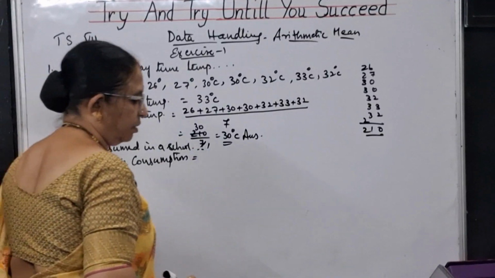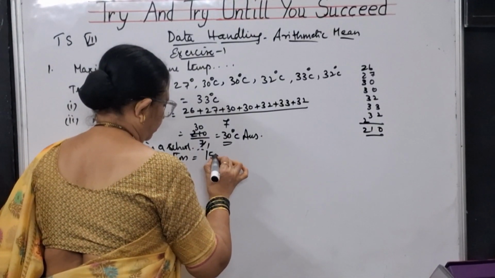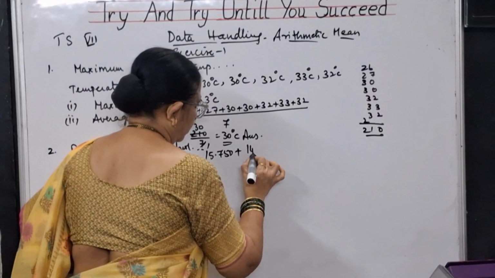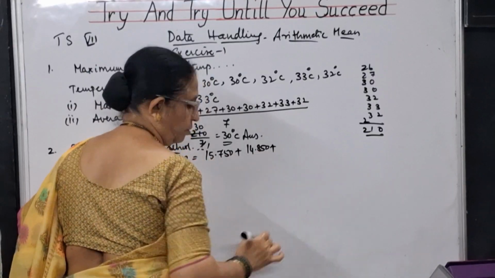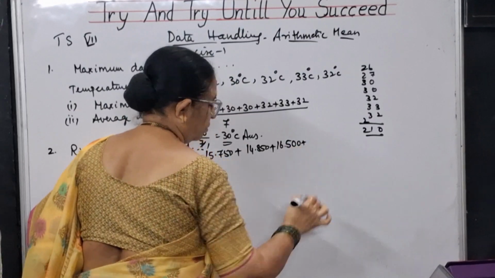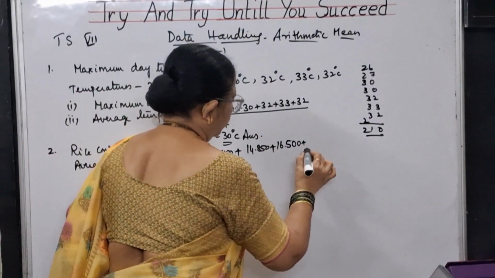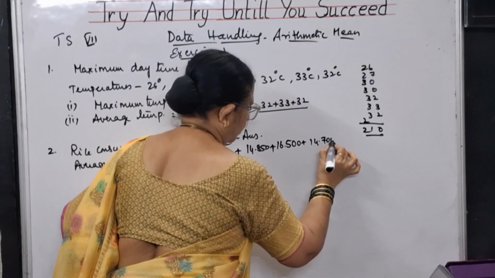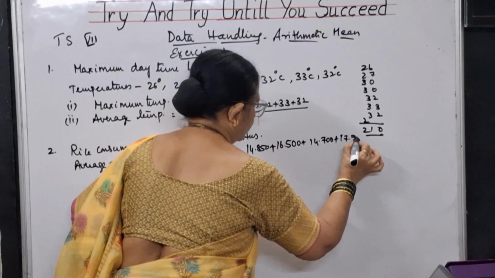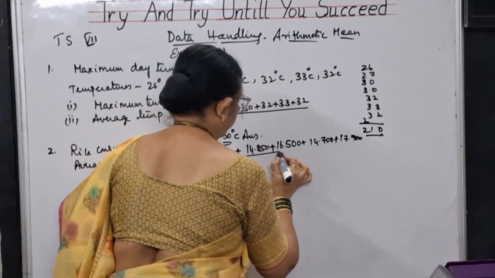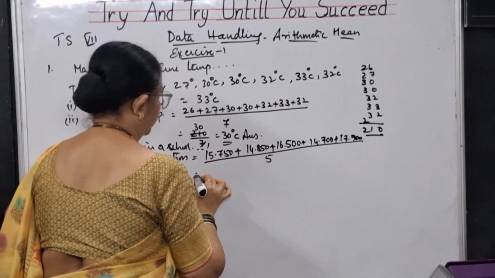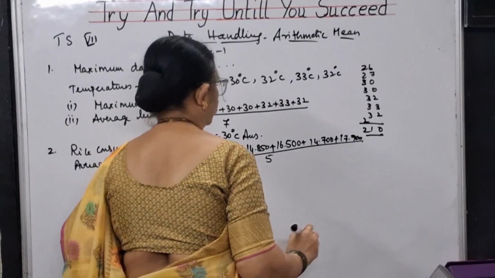This is nothing but the sum of numbers: 15.750 plus 14.850 plus 16.500 plus 14.700 plus 17.700, divided by how many? 1, 2, 3, 4, 5 days. So let us take these values.